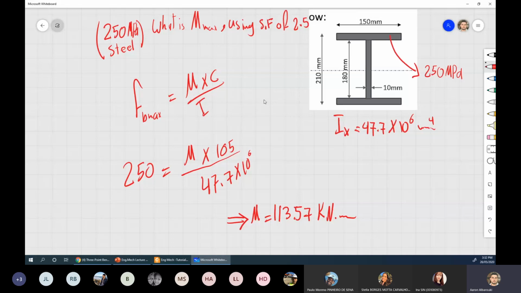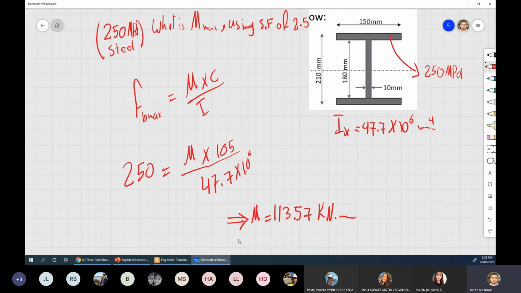All that I've done here, I didn't use the safety factor. I'm saying a beam with this steel strength and this geometry can support a 113 kilonewton meter moment.